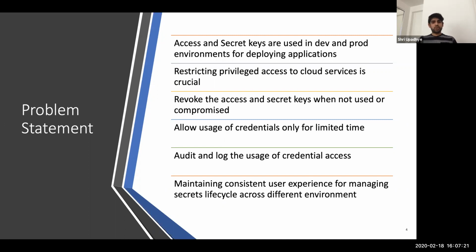While doing so, we could also have the ability to audit the usage of credentials themselves. We want to know which system, which app, or which service was trying to access the credential, what policy it was requesting, and when it accessed, what exactly it did.